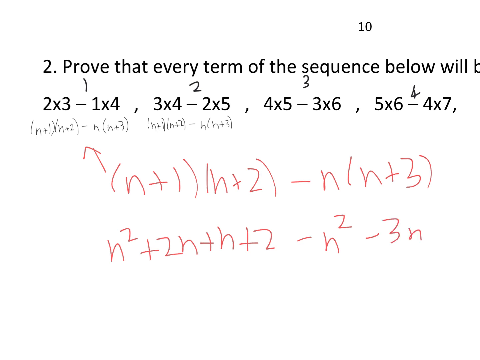If we tidy that up, we've got an n squared here minus an n squared here, so they disappear. We've got 2n plus another n is 3n. We take off a 3n, so that disappears. And we end up just simply with a 2 every time. So it doesn't matter what n is, because all the n's will cancel out and we'll just get 2.